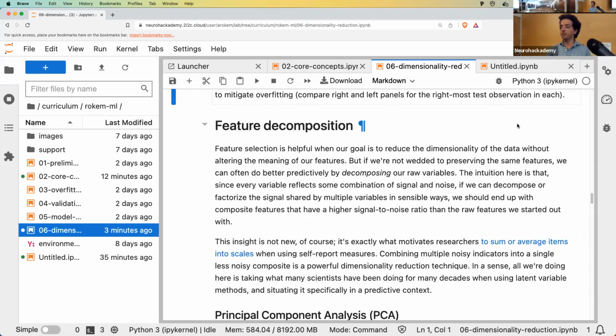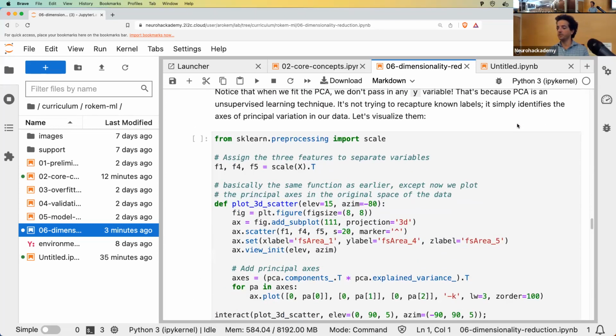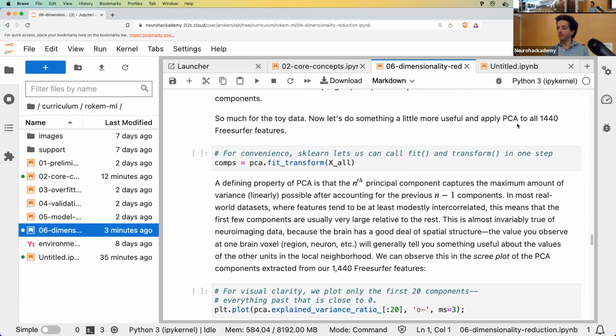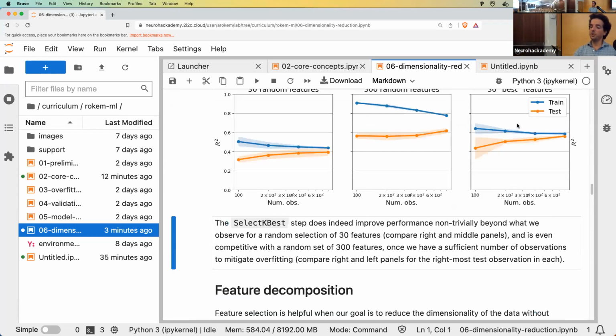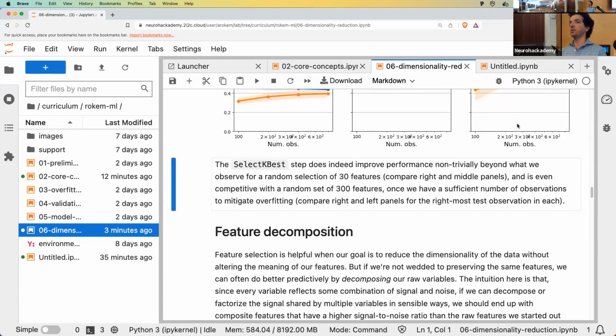I'll contrast this with something else. The contrast that I'll draw here is there are methods that will take your features and decompose them in a way that guarantees that the features that you're selecting are not correlated with each other. Here, the only criterion for selection of the features was the fact that they're correlated with the target.